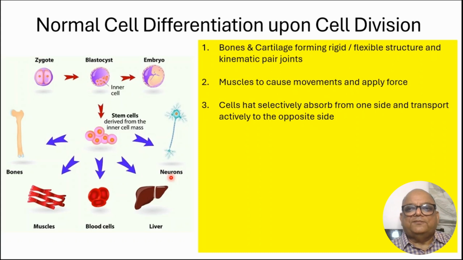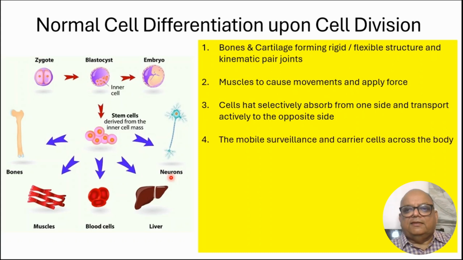And then of course there are cells which move with the blood. So there are surveillance and carrier cells that carry oxygen, CO2, and resources, and of course the immunological information for protection.